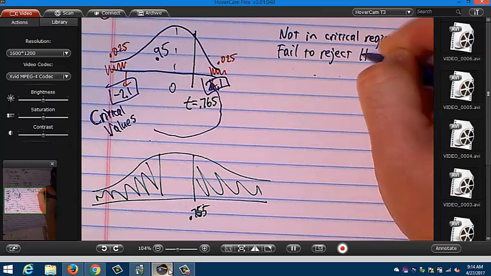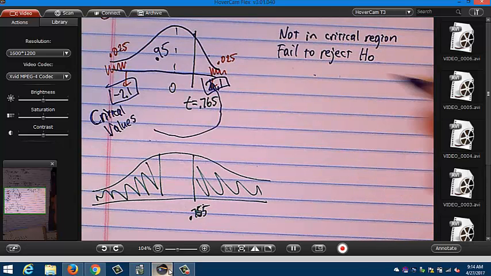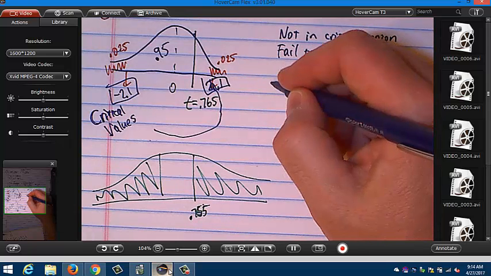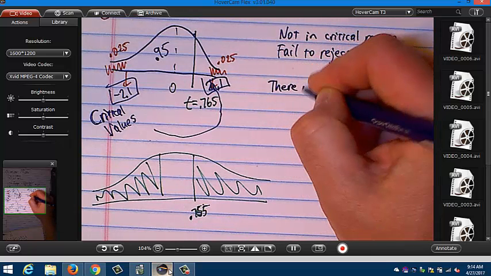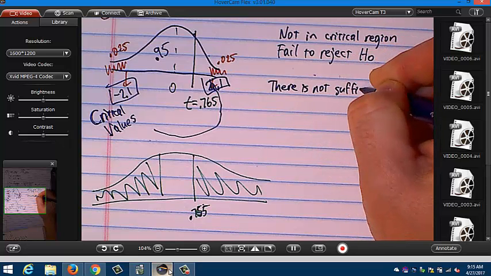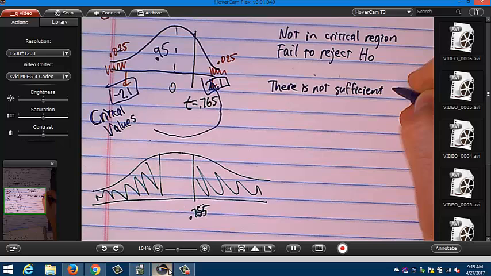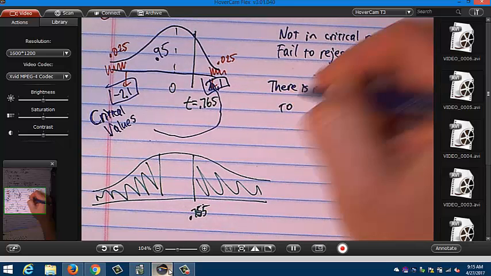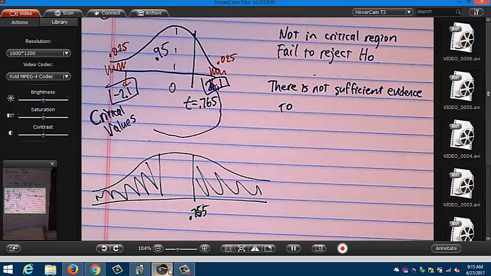And so how do I word the final conclusion when I see fail to reject? There is not sufficient evidence to... Now here you have to be careful. In this case, there's not sufficient evidence to prove that mu equals 155.